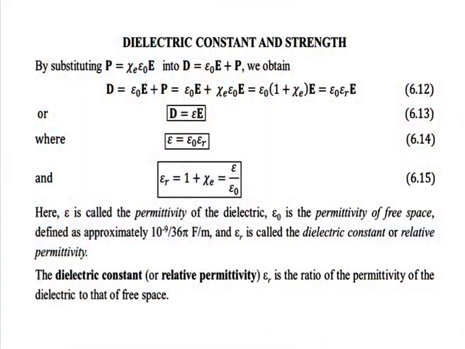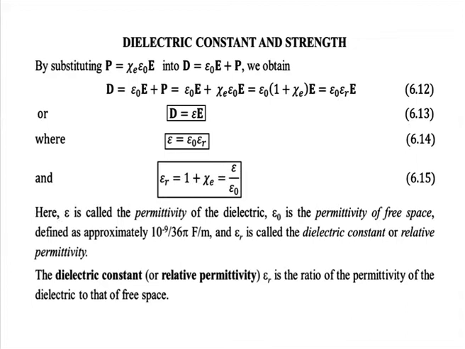Next, we come to dielectric constant. Now, by substituting P is equal to susceptibility into permittivity epsilon naught into E in D is equal to epsilon naught E plus P, we get D is equal to epsilon into E, where absolute permittivity is equal to permittivity of free space into relative permittivity.